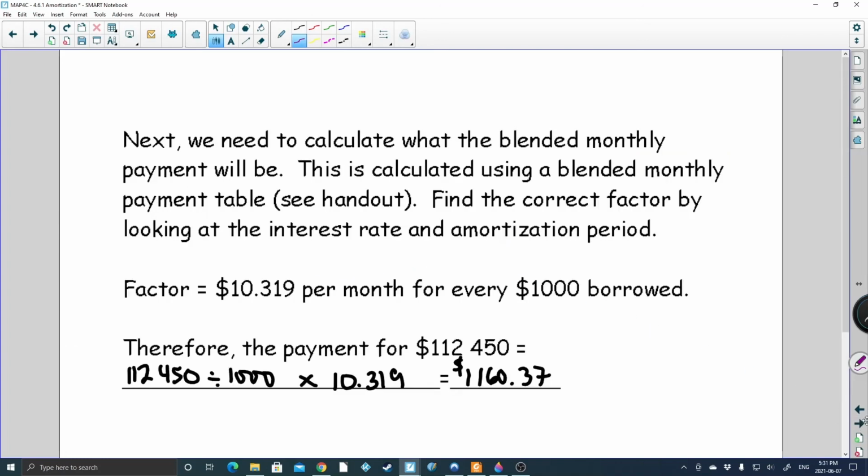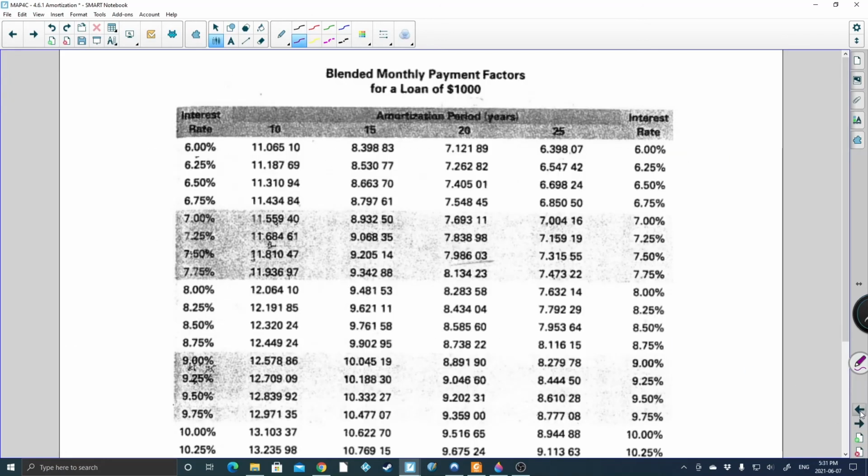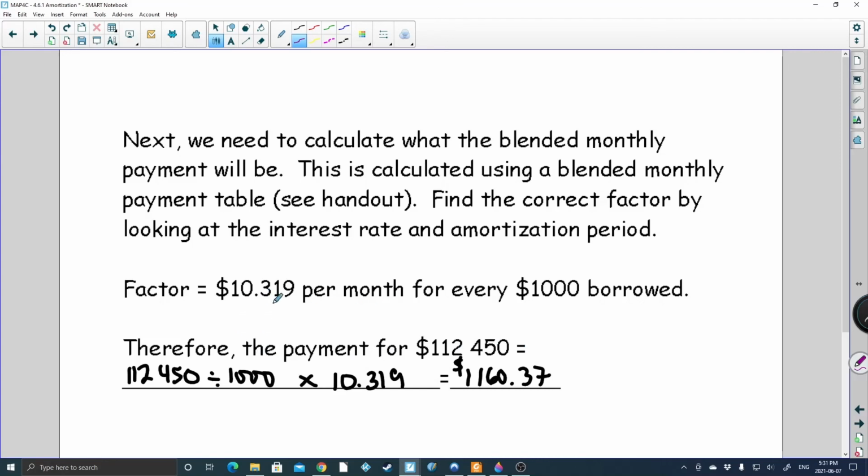Then using the chart right here, you calculate your blended monthly payment. I always get those two messed up. You calculate your blended monthly payment, take your principal, divide it by 1,000, and multiply by that number you got in your chart. That tells you the amount that's going to be repeated over and over as your monthly payment.